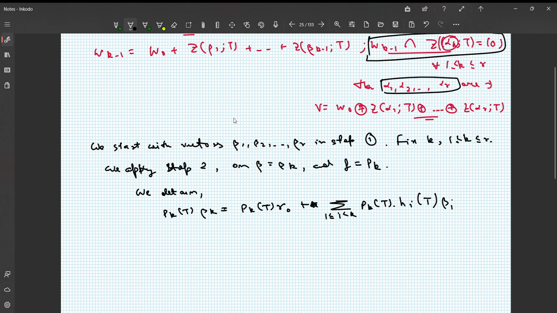Is it clear? Okay. Where the h i's are certain polynomials, and gamma naught is in W naught. Clear?